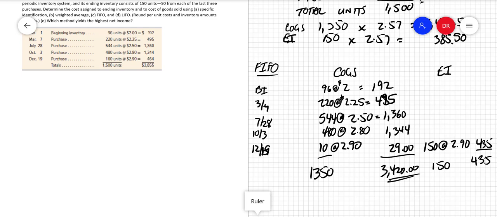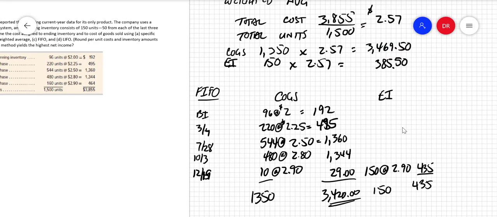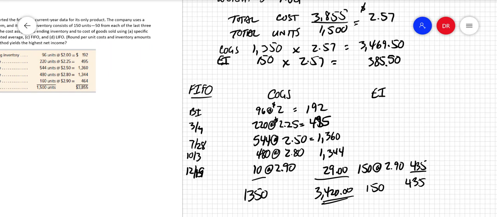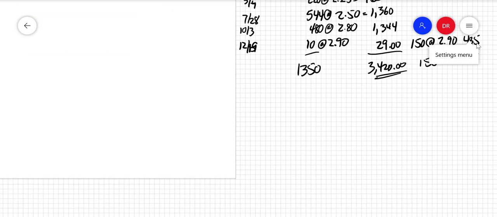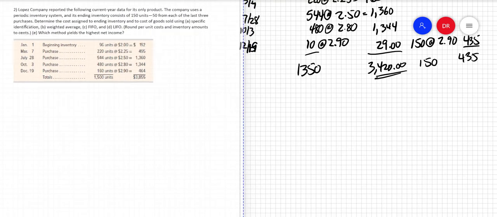Okay? And if you look at that in comparison to the weighted average, this cost for the cost of goods sold is a little bit lower than the weighted average, and ending inventory is a little higher. It'll reverse itself with a LIFO approach. So let's take the LIFO approach next.